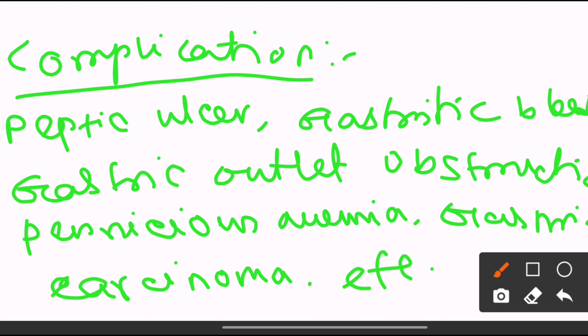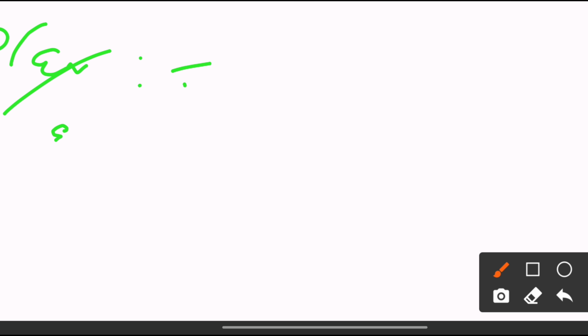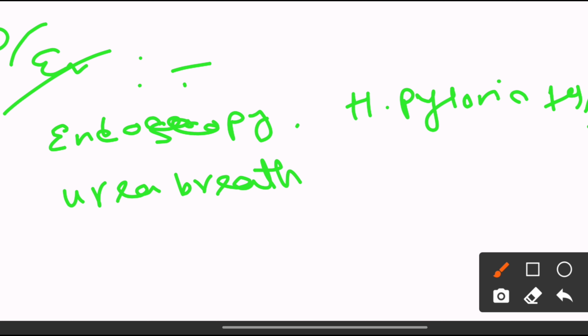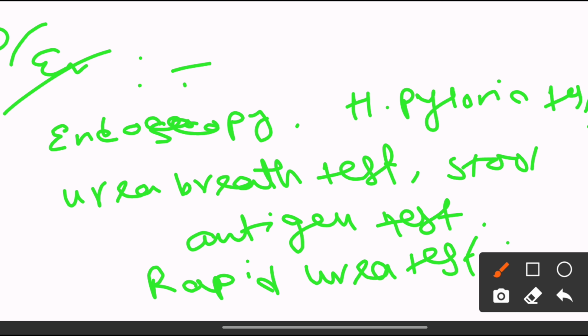What is the diagnostic evaluation? History and physical examination, endoscopy with biopsy, tests for H. pylori: urea breath test, stool antigen test, and rapid urease test.